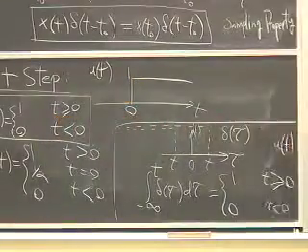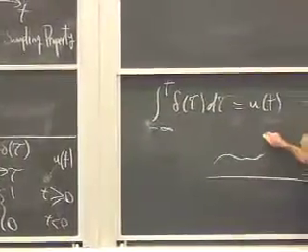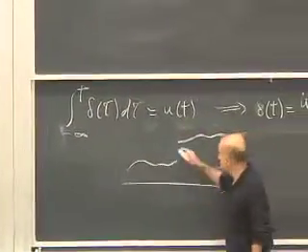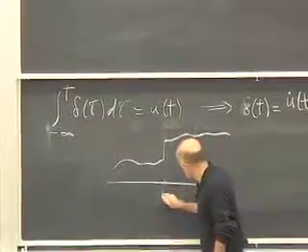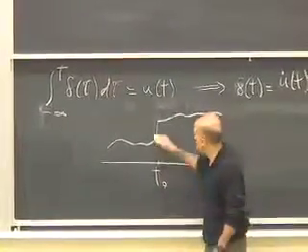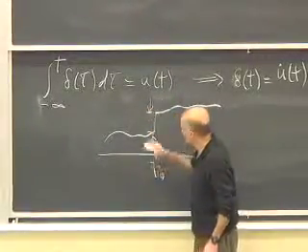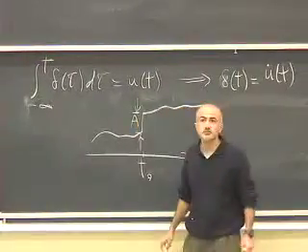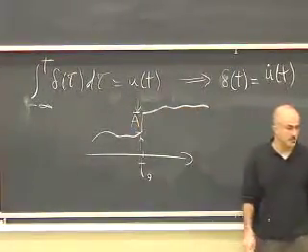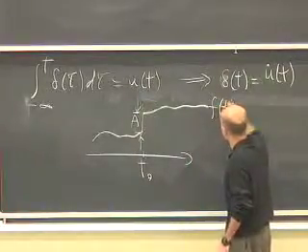So, if you have a signal that's like that, discontinuous, and you take the derivative at t equals 0, let's say there's a jump A, discontinuity. And let's call this a function f.